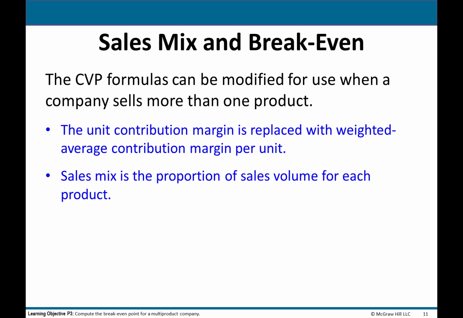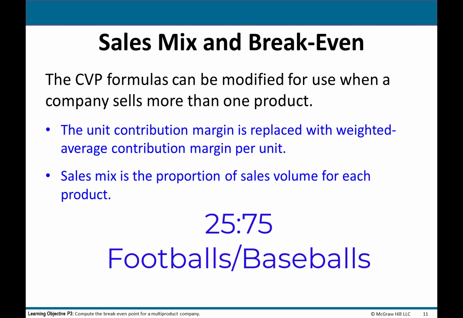For companies that sell more than one type of product, the sales mix is important. The sales mix is the proportion of sales volume for each product. For example, if you sold 25 footballs and 75 baseballs, you would have a ratio of 25 to 75.